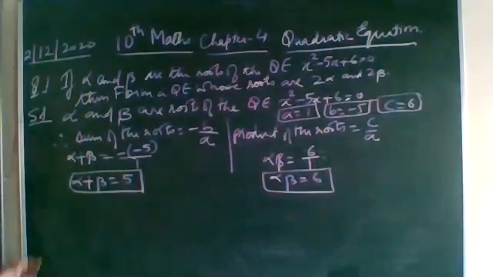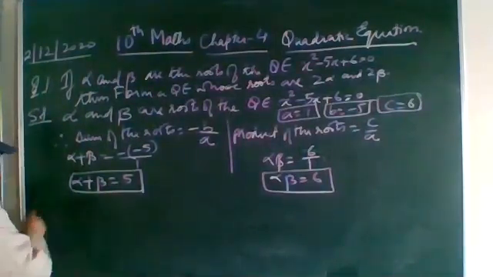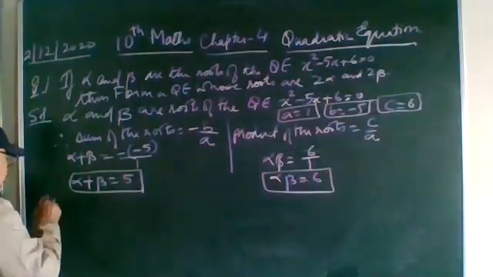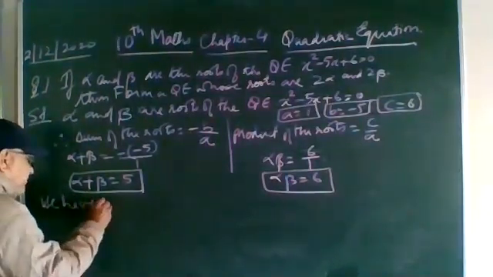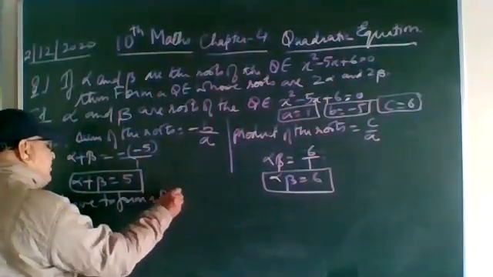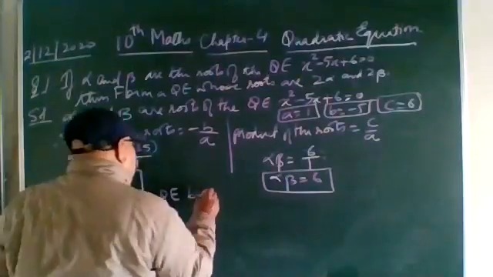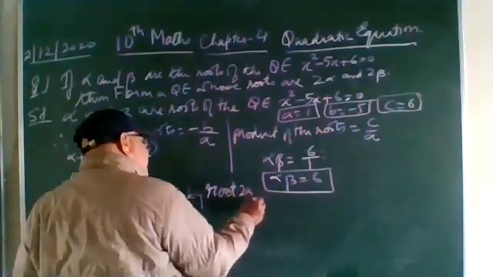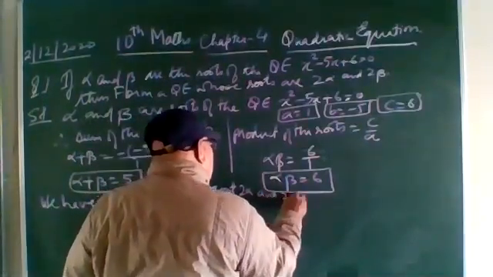Now you have the sum of the roots and product of the roots of the given quadratic equation. Now you have to form a quadratic equation with roots 2 alpha and 2 beta.